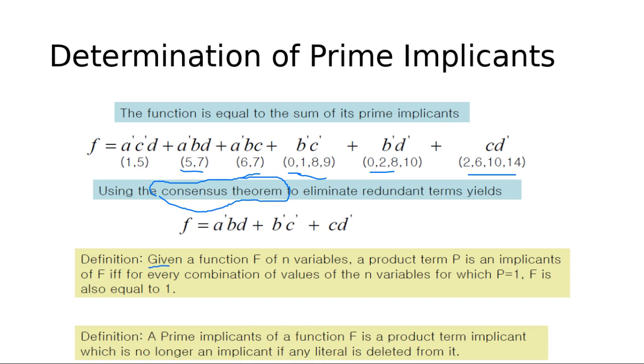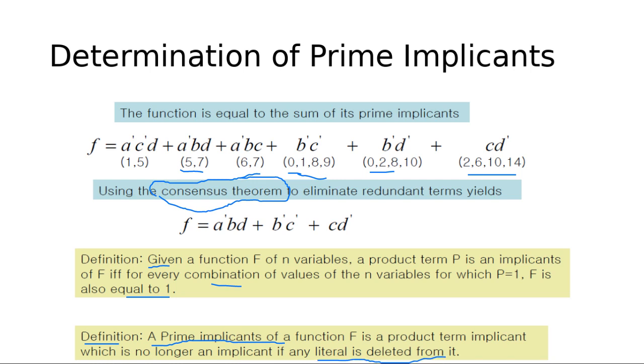Given a function f of n variables, a product term p is an implicant of f if for every combination of values of the n variables for which p equals 1, f also equals 1. We will see what it means on the other slides. And there is another definition: a prime implicant of function f is a product term implicant which is no longer an implicant if any literal is deleted from it.